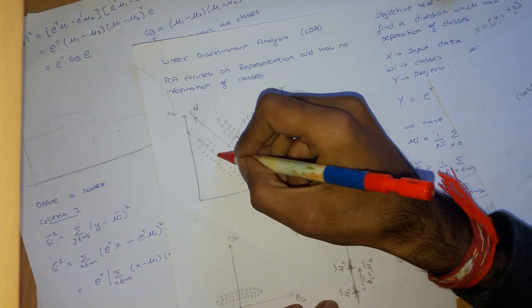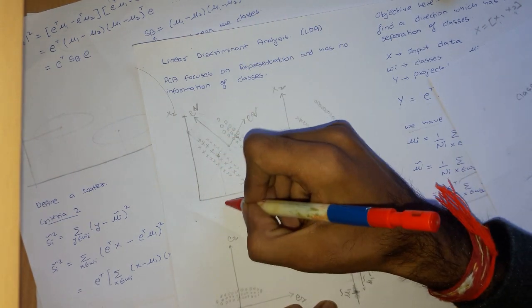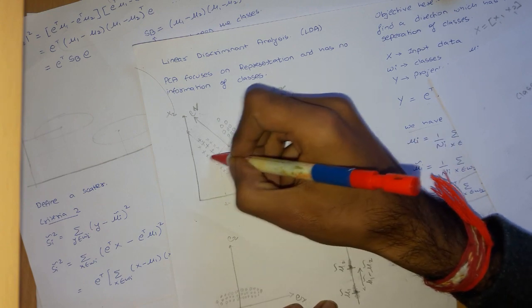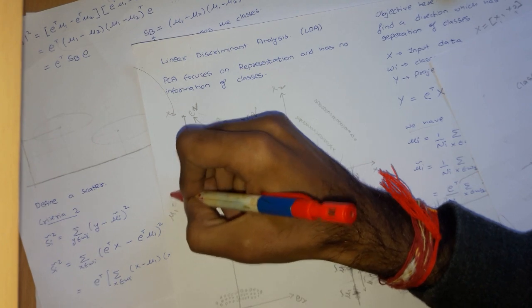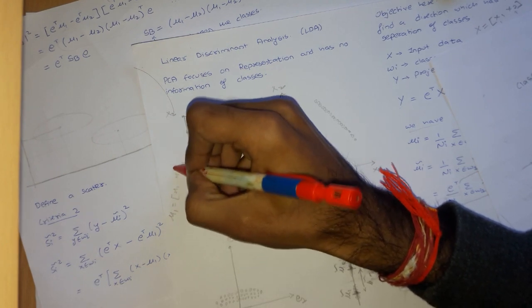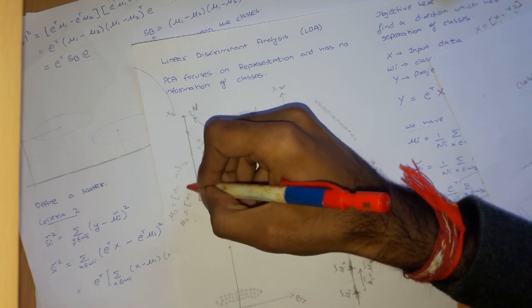So this is going to be some mu1 which will have some value of x1 and some value of x2. So mu1 is going to be a vector of some x1, x2. Similarly, mu2 is going to be a vector of x1, x2.